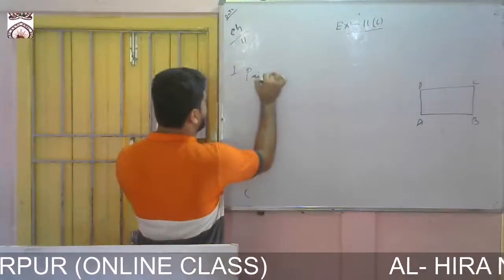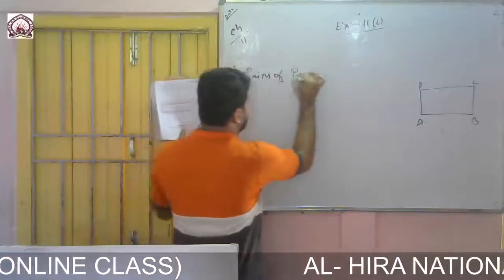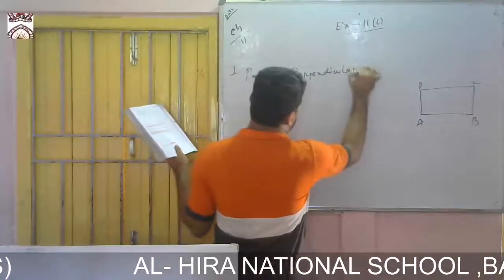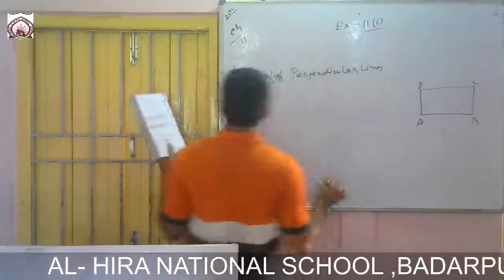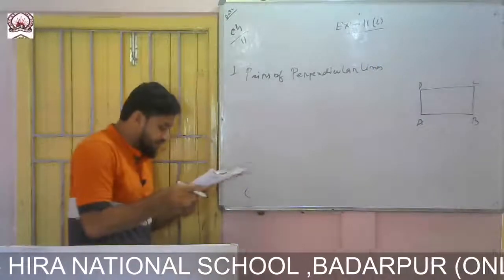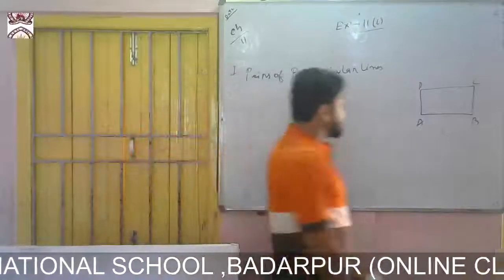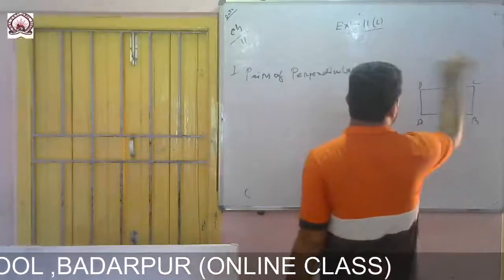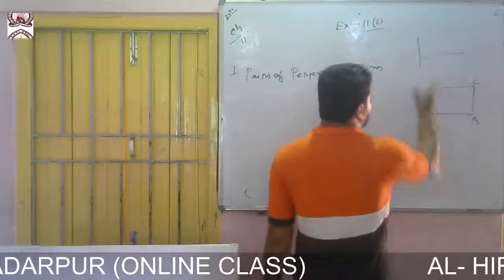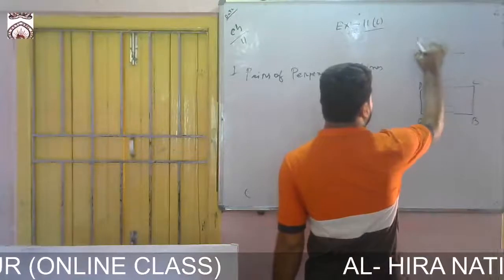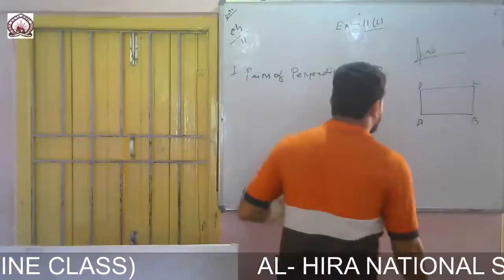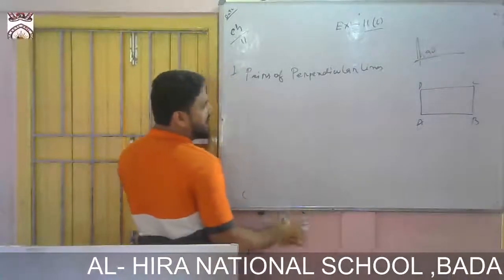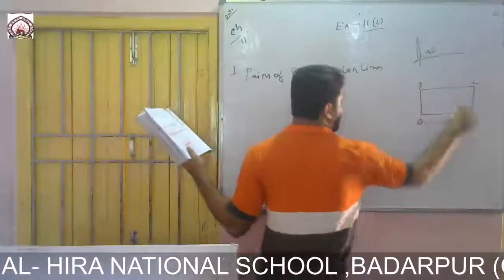So write pairs of perpendicular lines. AB is perpendicular to AD, because if I do like this, then this line makes 90 degrees. So these two lines are perpendicular. I can also write AB perpendicular to BC.